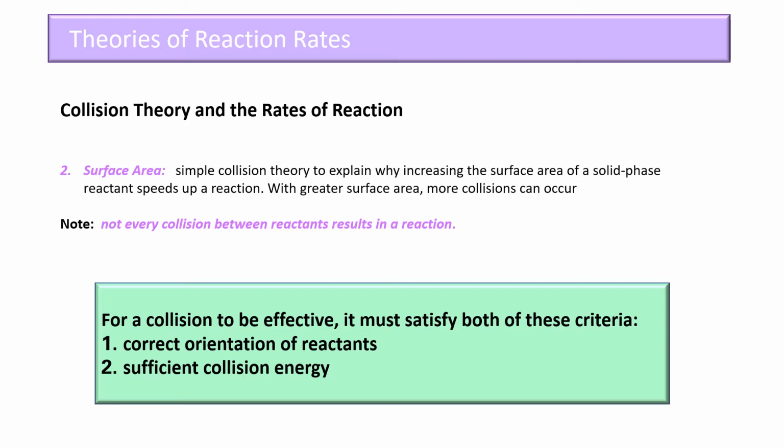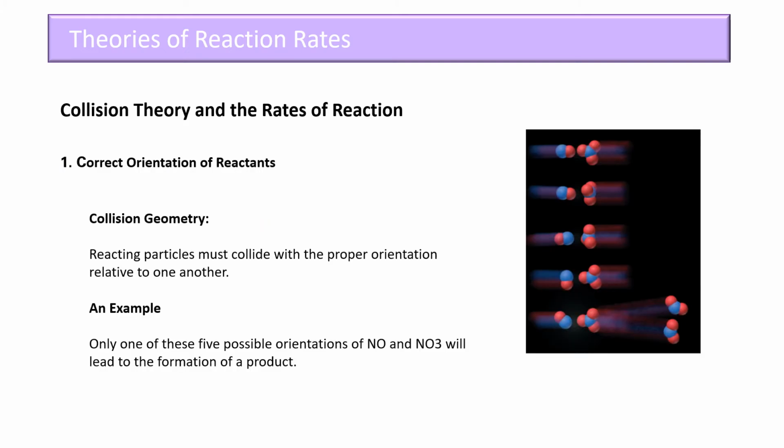For a collision to be effective, it must satisfy both of these criteria. One, there has to be the correct orientation of the reactants, and two, there must be sufficient collision energy. So here is an example of the correct orientation of reactions.